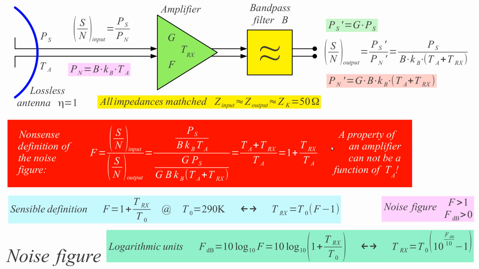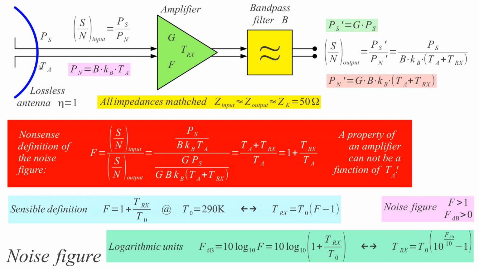Now this definition makes no sense. Why does it make no sense? The noise figure should be a property of this amplifier here. F is a property of the amplifier in the same way as the noise temperature of this amplifier is a property of this amplifier. But this property of the amplifier is defined by the noise temperature of the antenna.